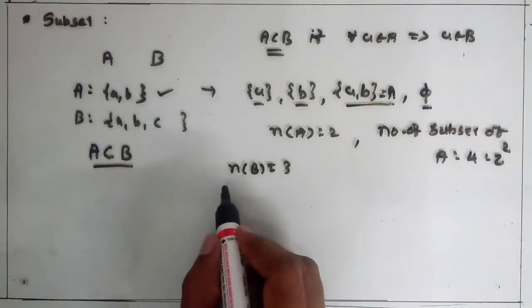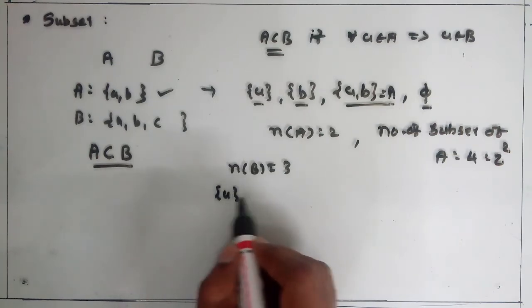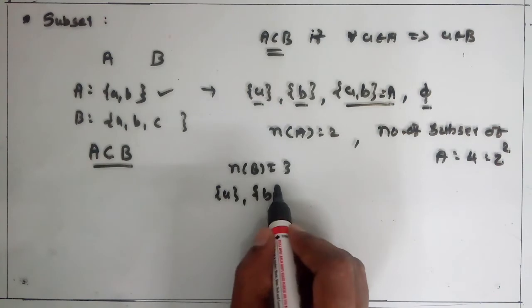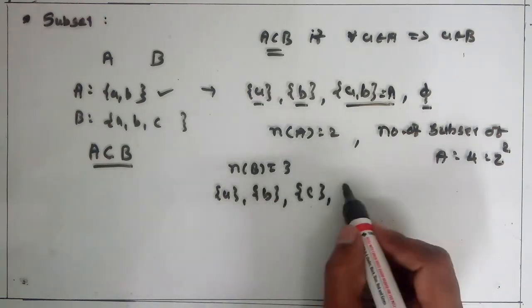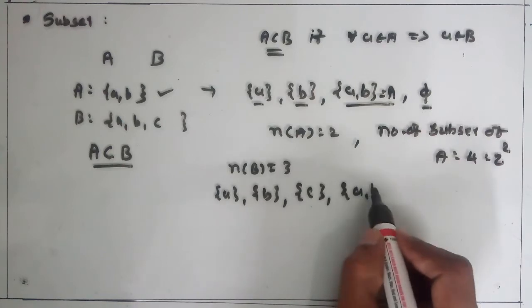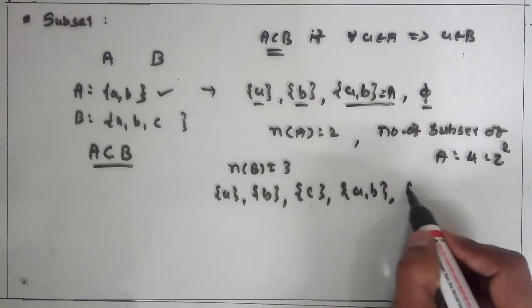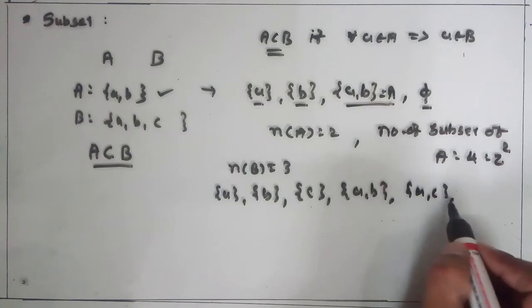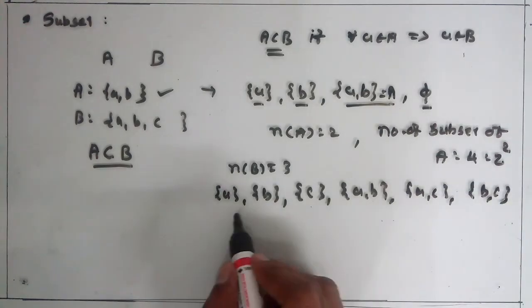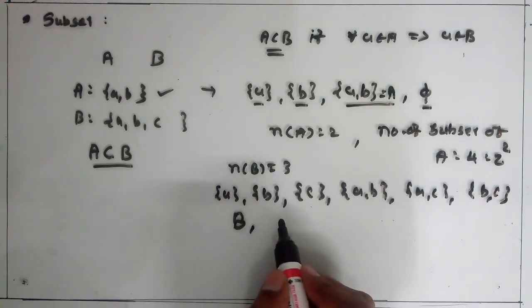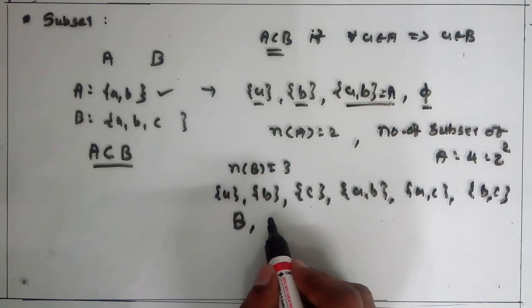Now think about subsets. Subsets of B are first the singleton sets {a}, {b}, {c}, then the sets with 2 elements {a, b}, {a, c}, {b, c}. Now set B itself, that is {a, b, c}, and the null set.